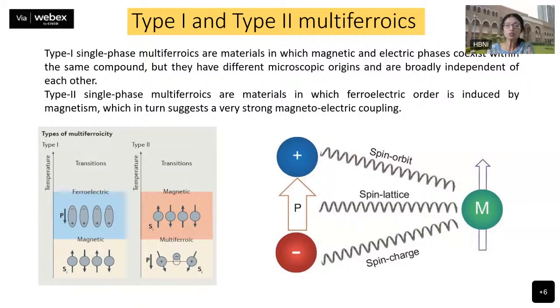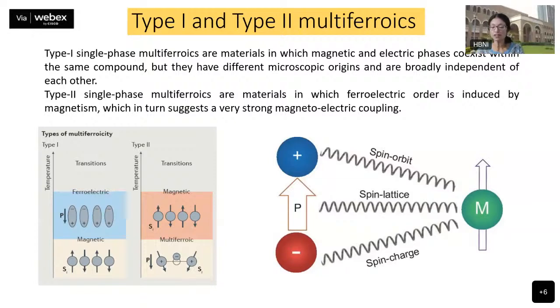But in type 2, these are also single phase multiferroics, but in which the ferroelectric order is induced by magnetism, which in turn suggests a very strong magnetoelectric coupling. In this case, you have a magnetic arrangement which induces a ferroelectric order. So the microscopic origin of your ferroic order is interdependent, and these types of materials are known as type 2 multiferroics.